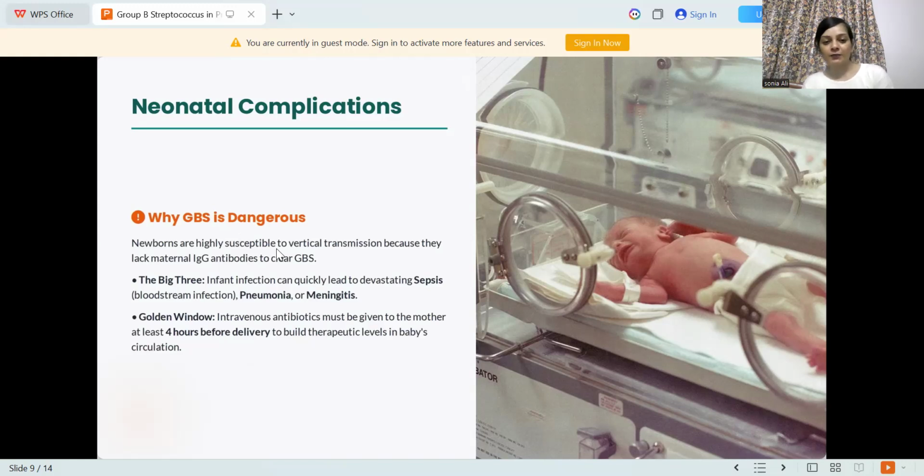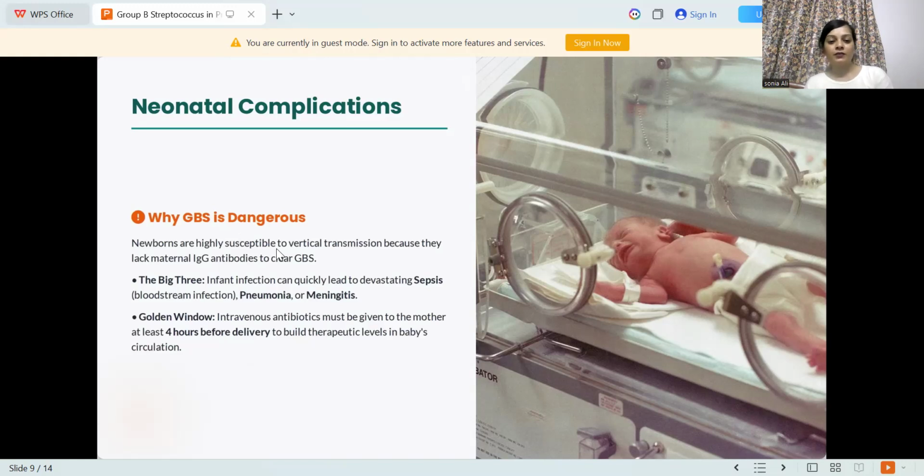Newborns are highly susceptible to transmission during labor, when the mother's normal flora contacts the baby, and the cause is group B strep, which is GBS, because the mother's antibodies, the IgG, are lacking, so the baby cannot clear the maternal GBS. Definitely, if the newborn comes from a vaginal delivery and the mother did not receive IV penicillin antibiotic, the neonate will get GBS.